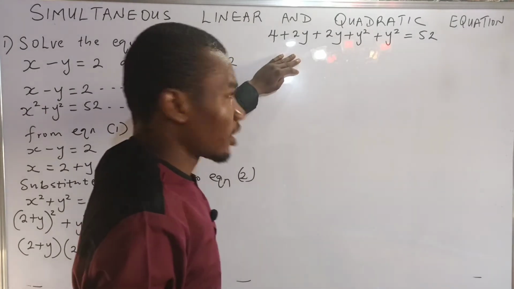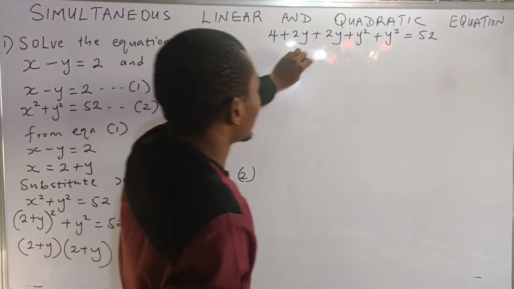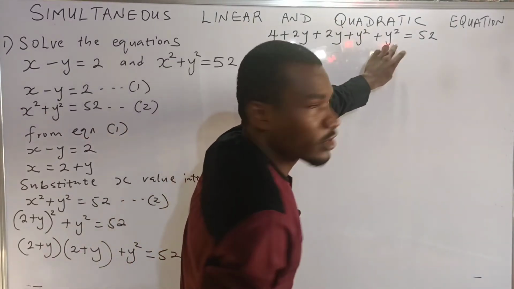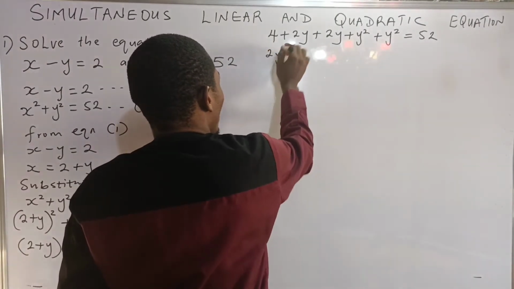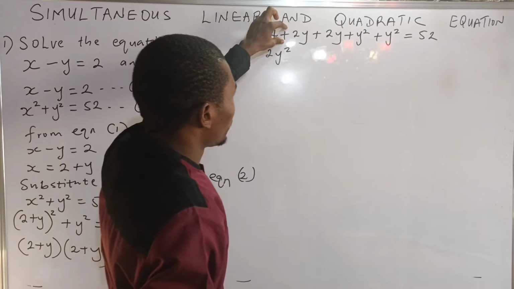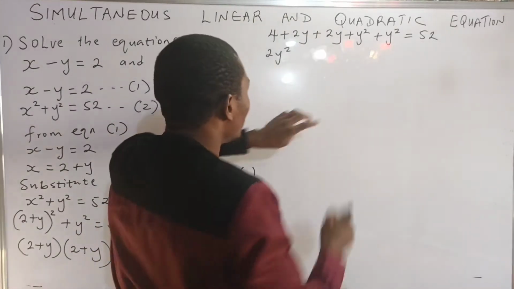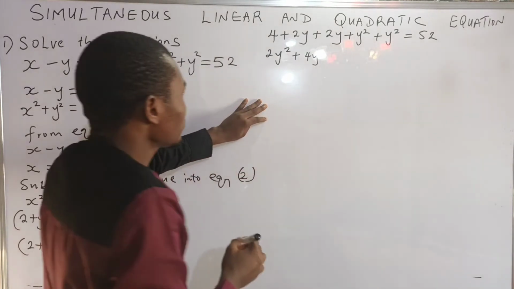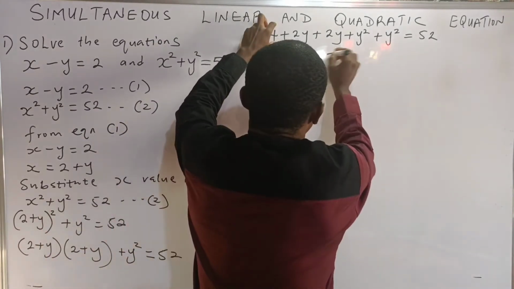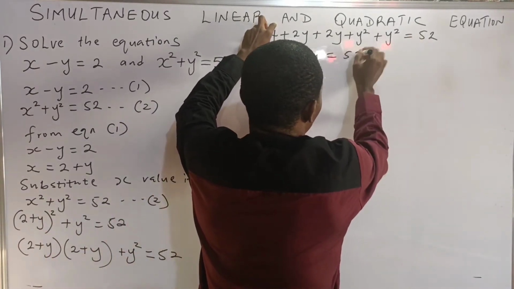Okay, let's collect the like terms. Remember that y squared plus y squared will give us 2y squared. So I have 2y squared, then plus 2y plus 2y will give us plus 4y, and that is equal to 52.